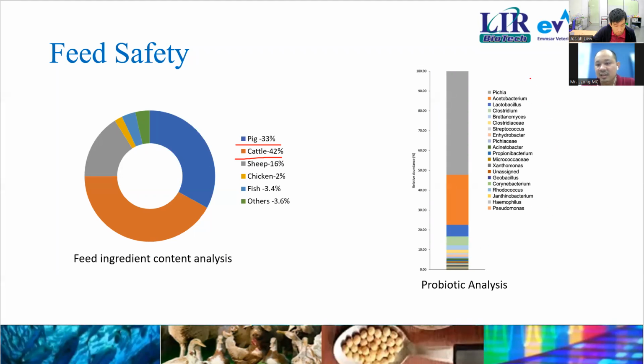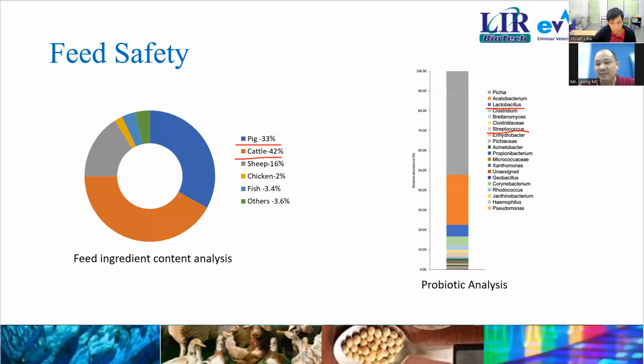So this is an example of a probiotic product used in aquaculture farming. You can see most of the probiotic contains Lactobacillus, but besides this, you can see there is a portion of Streptococcus coming in also.